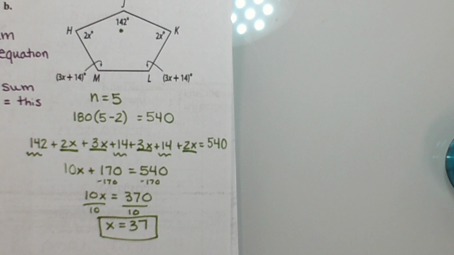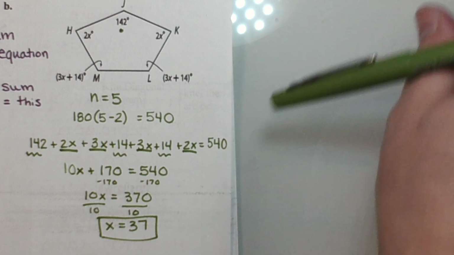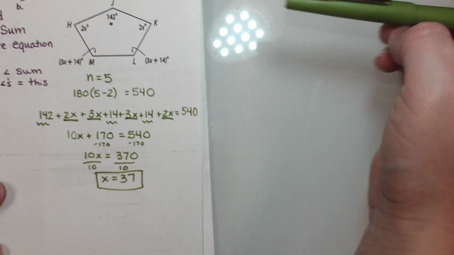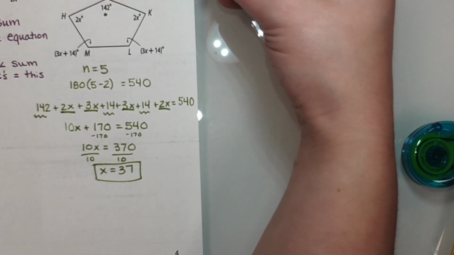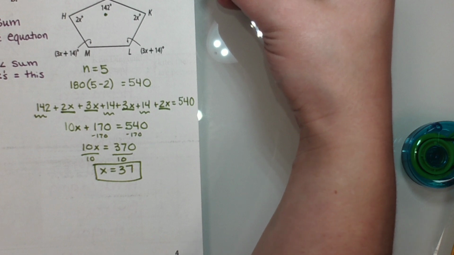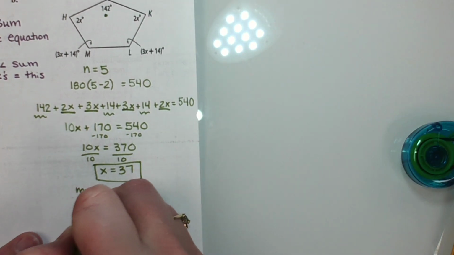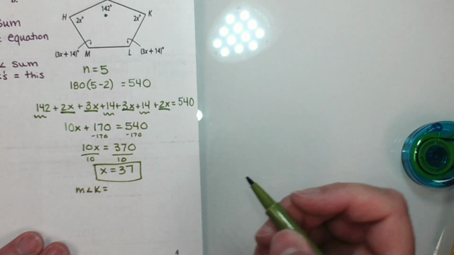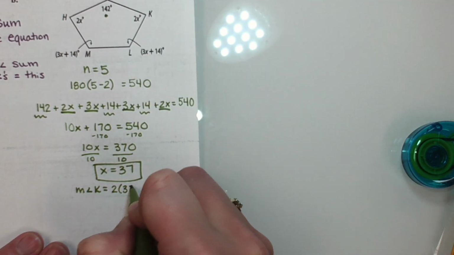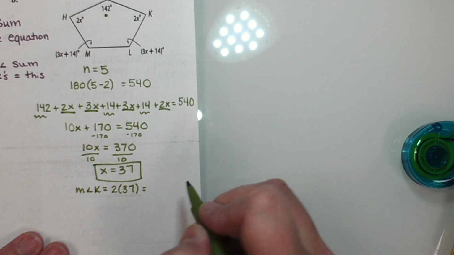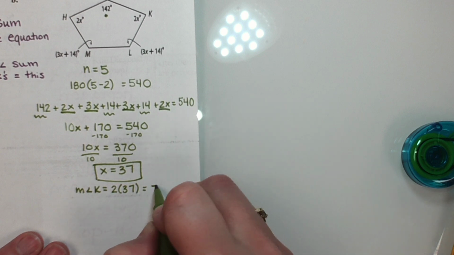Am I done? What's it tell me to do? Find each interior angle. Do you think I need to find angle J? No, I know angle J. I want to find angle K though. Measure angle K, 2x, so 2 times 37? 74.